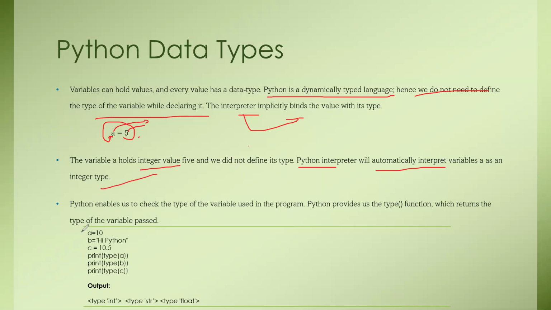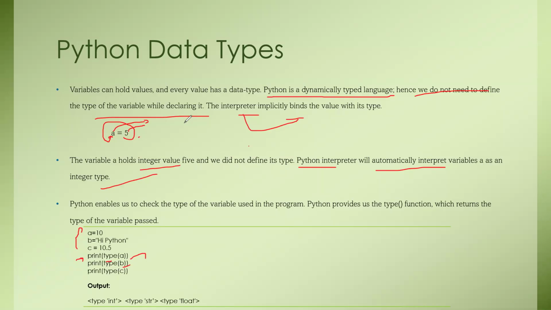Once the variable is declared, we can capture the data type of that variable by using the function called type. Print type of A, type of B. So type is a function that is used to return the data type of the variable.